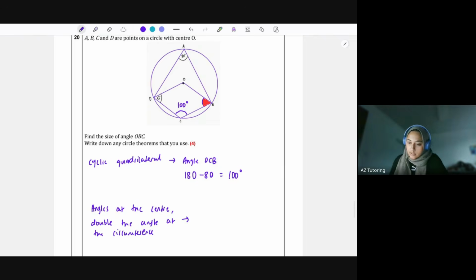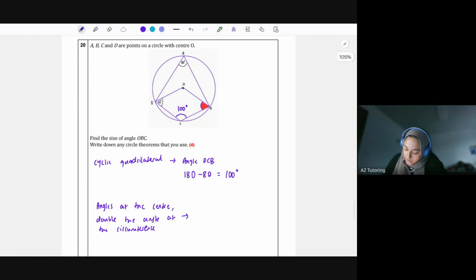So here's the one that's in the center, and the angle that's at the circumference is 80. So therefore, angle DOB, so this one here, would be double of 80. So 2 times 80, which just gives me 160 degrees. So that's that one there.